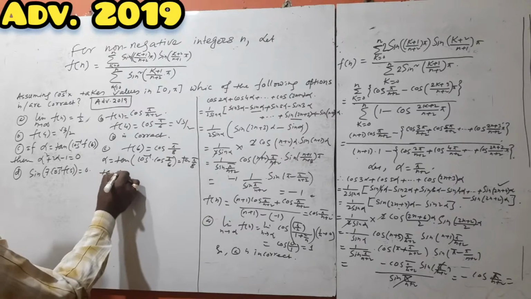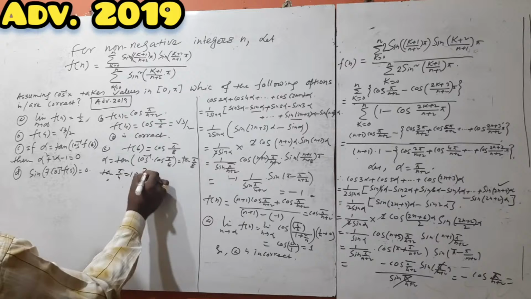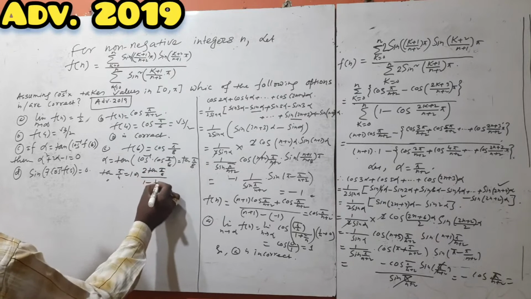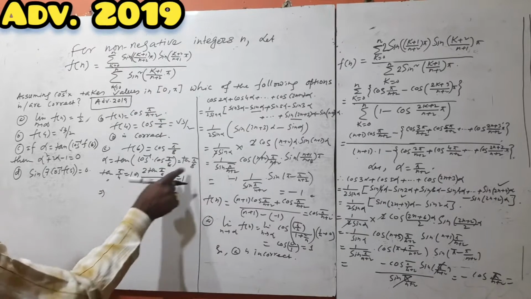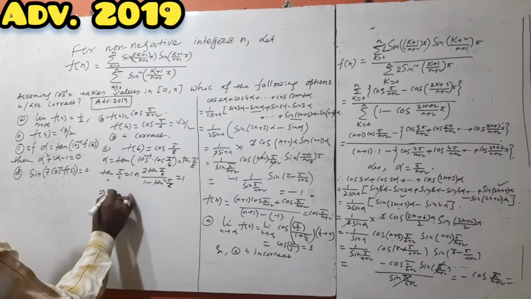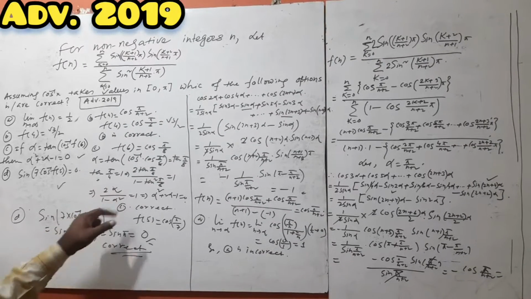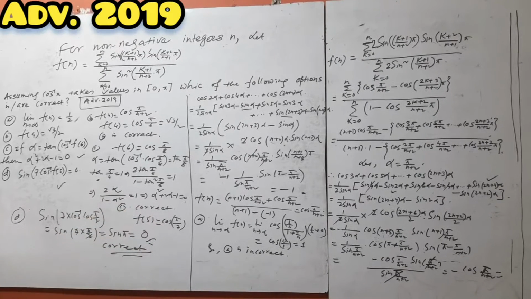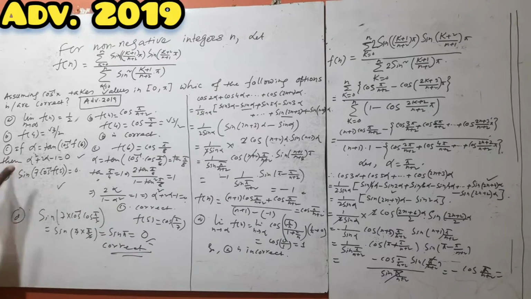Now tan pi by 4 is equal to 1, implies that tan pi by 4 can be written as 2 tan pi by 8 over 1 minus tan square pi by 8, which is equal to 1. So this is here alpha. So 2 alpha by 1 minus alpha square is equal to 1, and therefore we got here alpha square plus 2 alpha minus 1 equal to 0, and therefore option C is correct.